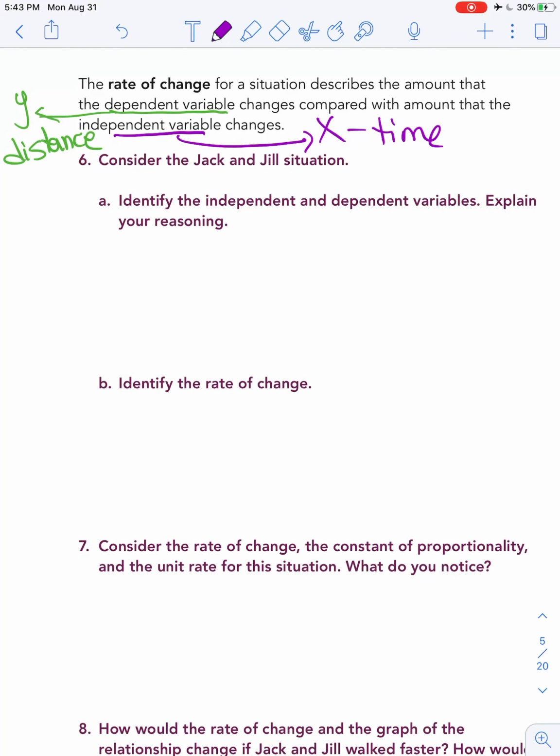Identify the rate of change. Again, what did it go up by? It went up by 4/3.